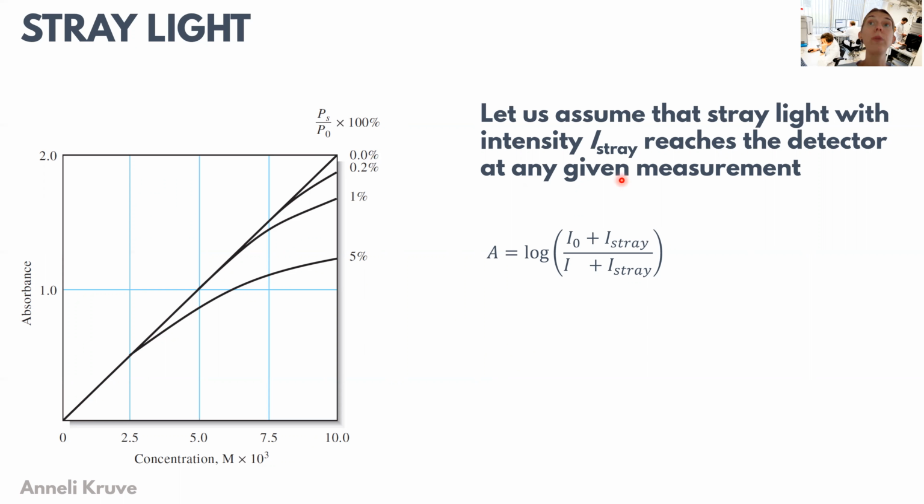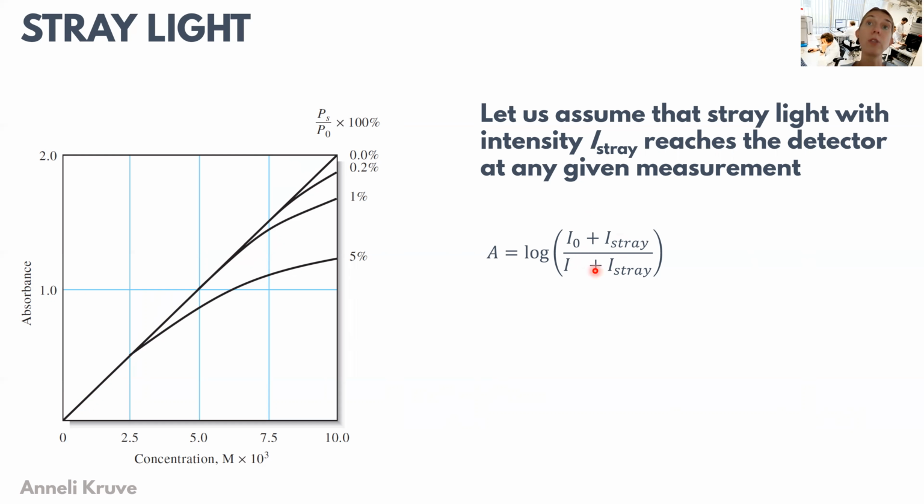And when we assume that the stray light intensity is I stray, then the absorbance equals the logarithm of the I0 plus the light intensity that is coming from the stray light. So we can't differentiate between the actual I0 that is supposed to hit the detector and the stray light that is hitting the detector.